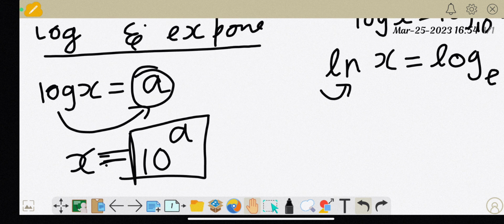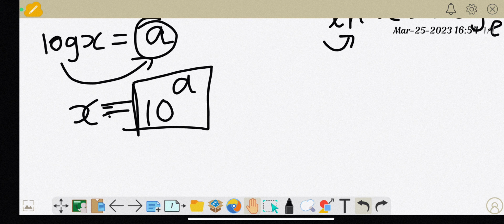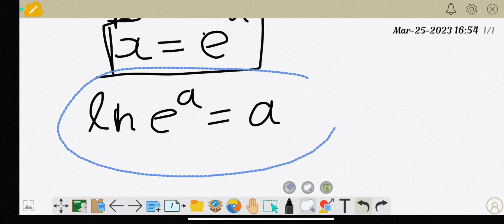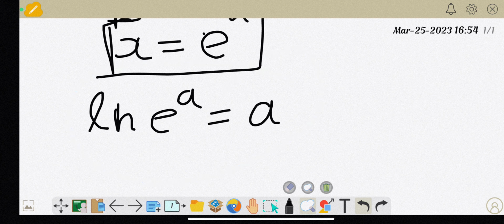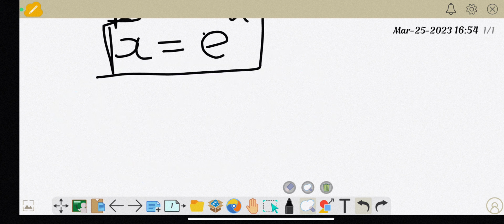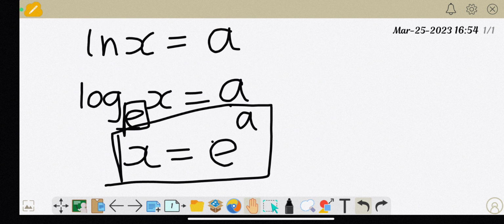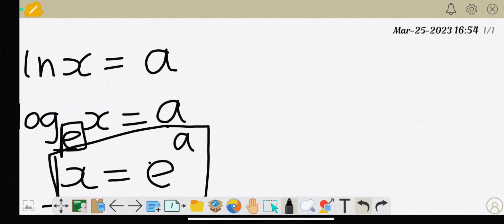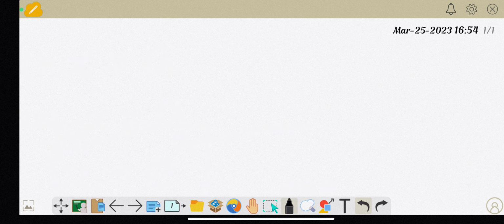Okay, this is how you convert a logarithmic function into this. These are some basic rules, and logarithms have some properties.